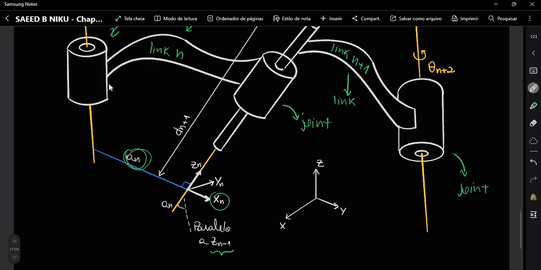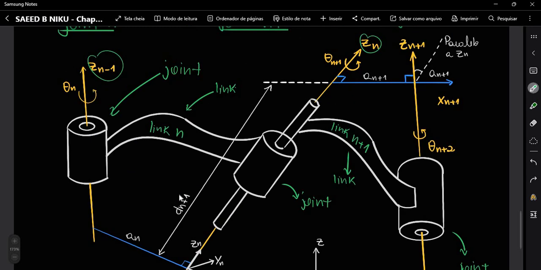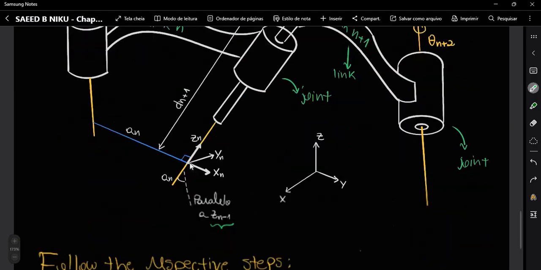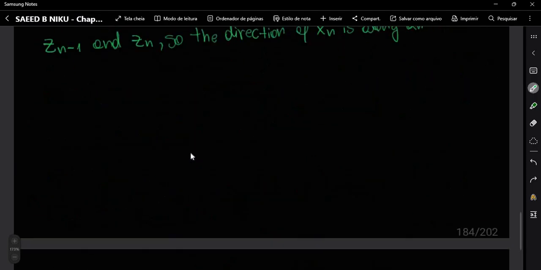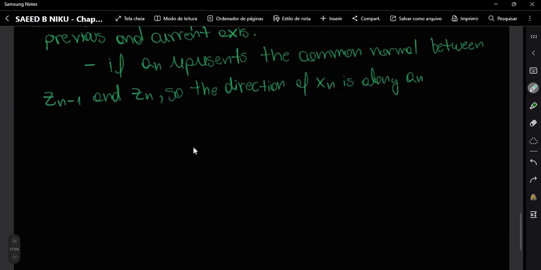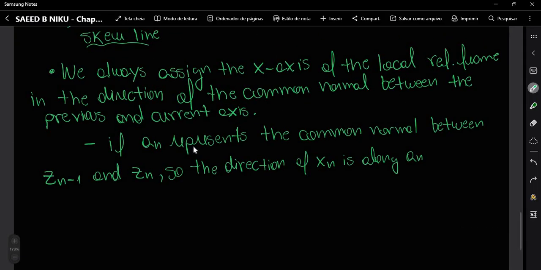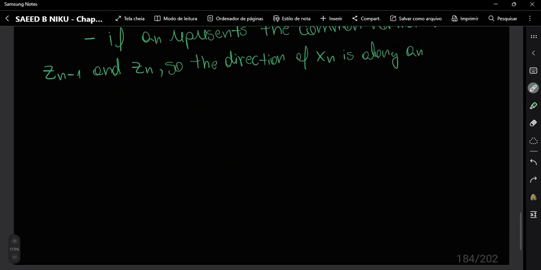Okay, and Xn, we are attributing the Xn axis on the same direction as the common normal An. Okay, check it. What else? Okay.